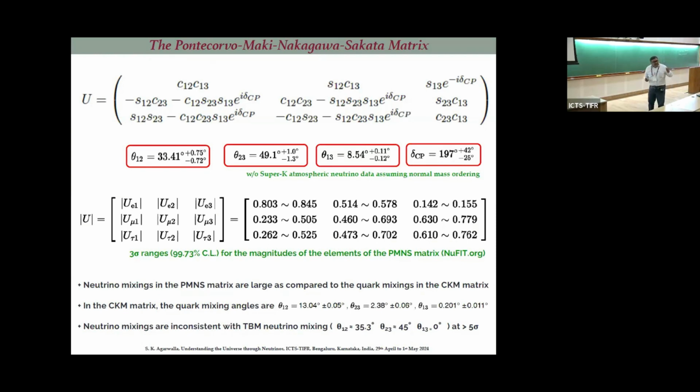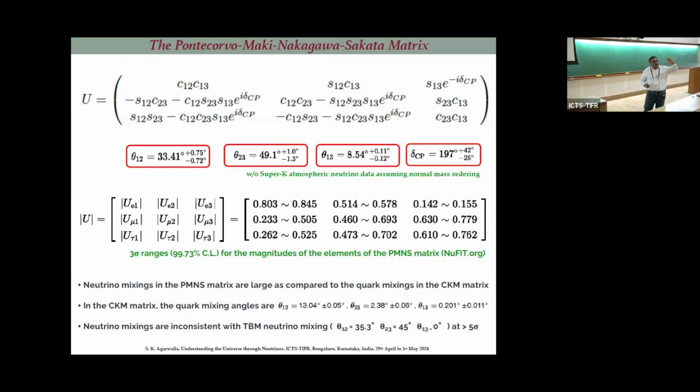We have just started probing this CP phase. I quote these numbers from a global fit study where I did not consider the Super-K atmospheric neutrino data, and I assumed that the neutrinos are normally ordered.